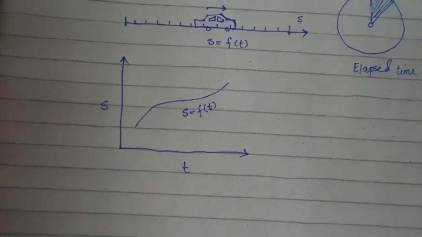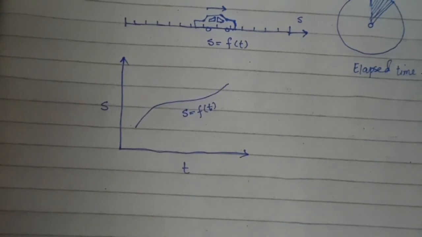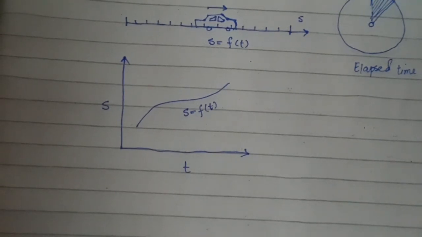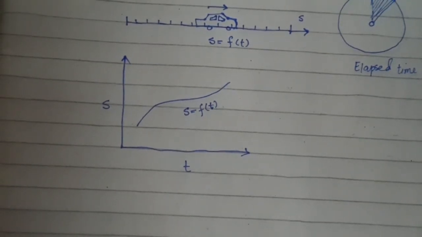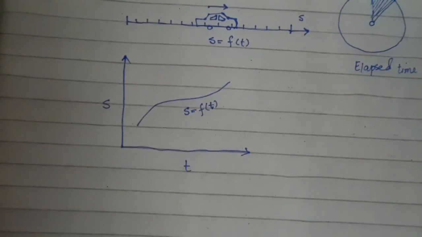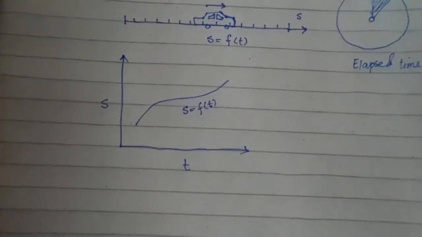And the position versus time curve provides a simple geometric interpretation of the average velocity of the car over a time interval, say from t0 to t1. We'll be drawing another thing in order to understand it fully. Let me draw this again.